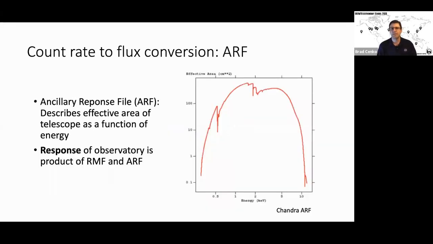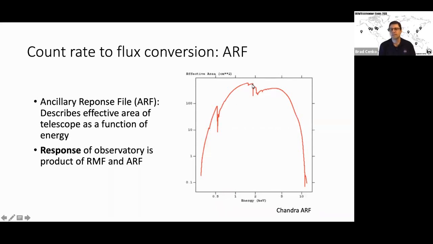And then the other piece of information that you need is called an ARF, or an ancillary response file. This is just telling you the effective area of the telescope as a function of energy. This changes pretty significantly across the X-ray bandpass. You can see for, again, Chandra ACIS down here at 0.5 keV, the effective area is only 10 centimeters squared, whereas at 2 keV, just a factor of 4 in energy, it's a factor of 20 or so higher.